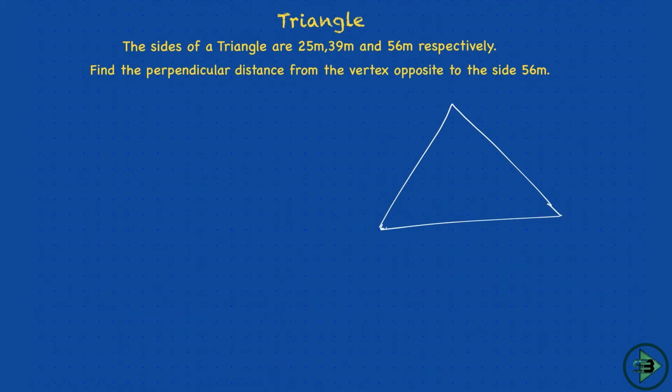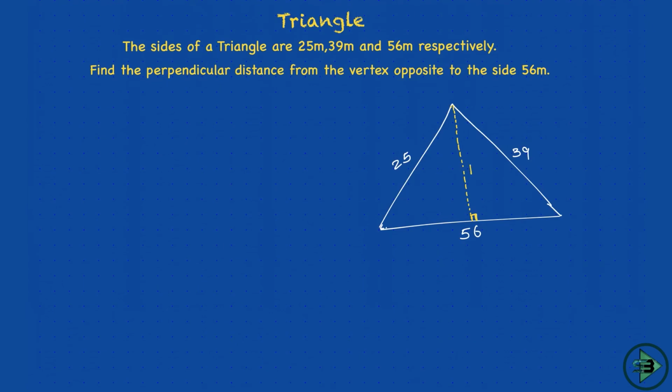The three sides of the triangle are say 56, the biggest side, then there is a 25 here, and then there is a 39 here. These are the three sides of the triangle. Find the perpendicular distance from the vertex opposite to the side of 56 meters. So this is what is being asked of me. Okay, find this perpendicular distance.